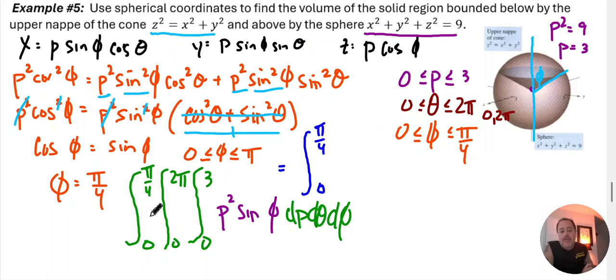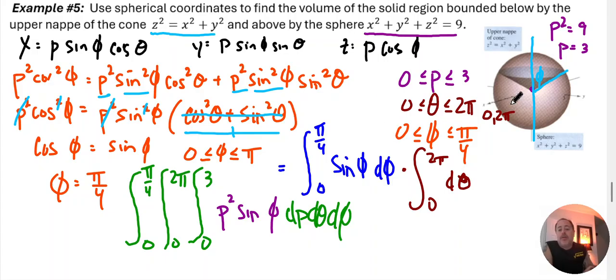So I can look at 0 to pi over 4 of sine of phi d phi, and then I can multiply this by the integration from 0 to 2 pi of, well, there's no theta here, so just 1 d theta.